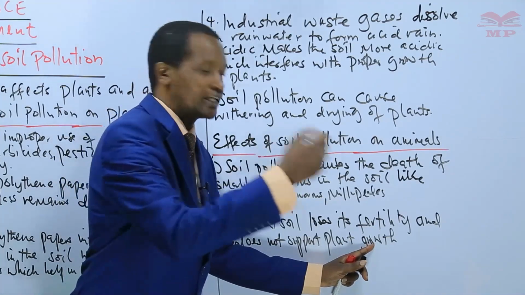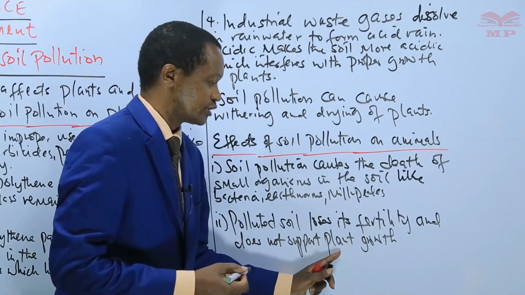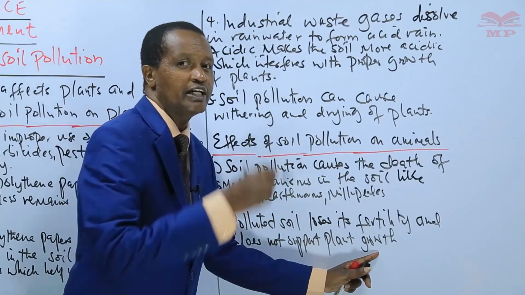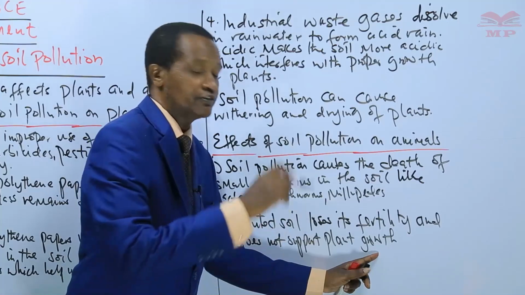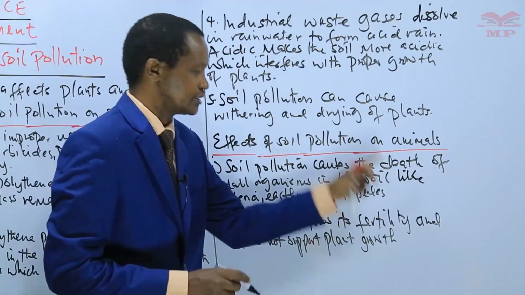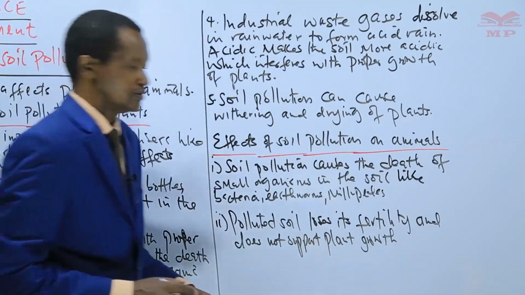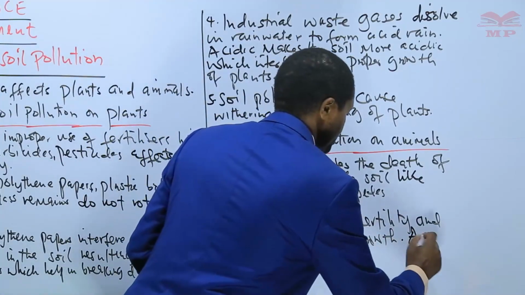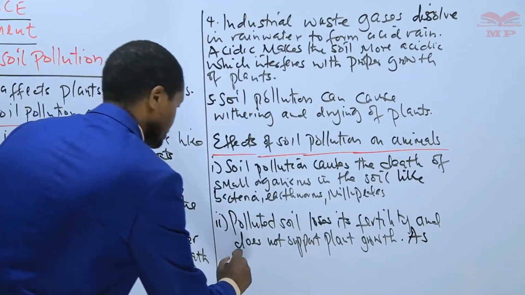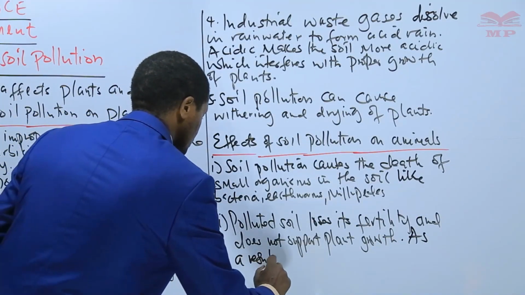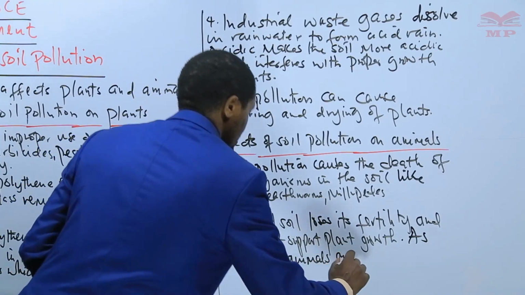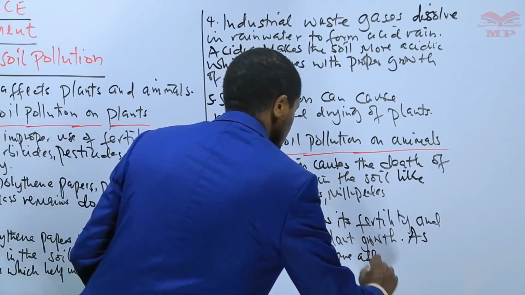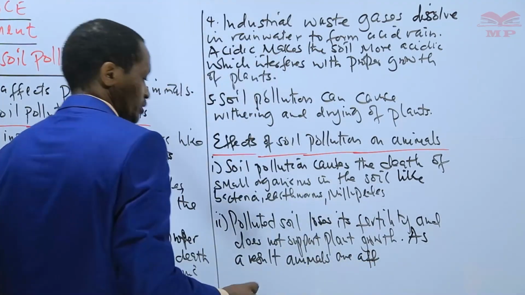And as a result of the soil not supporting plant growth, animals and human beings are affected because they get their food from plants. All right. As a result, animals are affected. Animals and human beings.